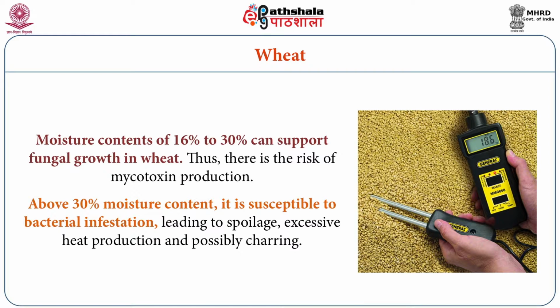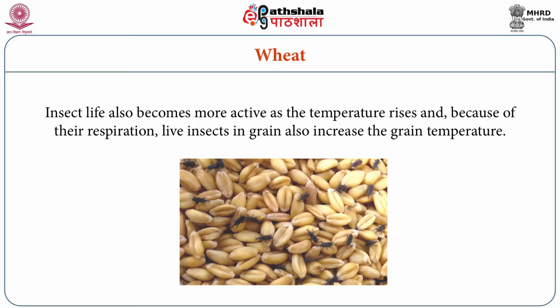Above 30% moisture content, it is susceptible to bacterial infestation, leading to spoilage, excessive heat production and possibly charring. Insect life also becomes more active as the temperature rises, and because of their respiration, live insects in grain also increase the grain temperature.